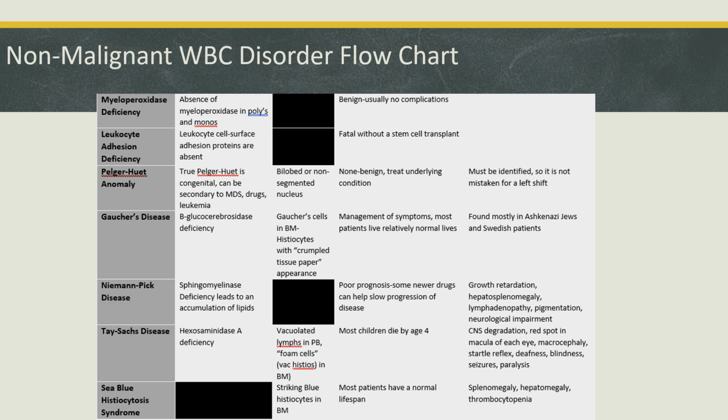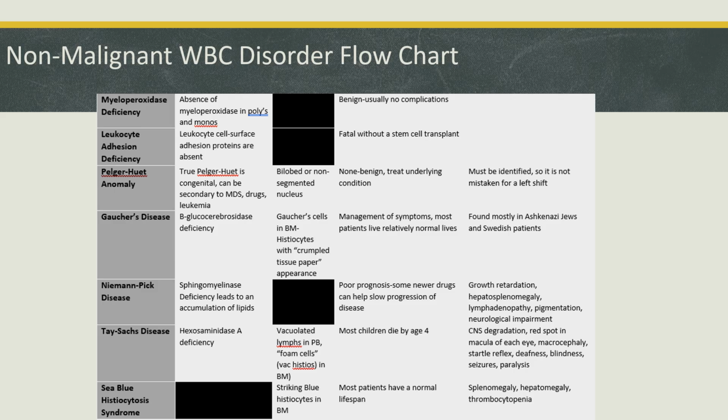Most of these patients or children die by the age of 4, and again, some central nervous system degradation, red spot in the macula of each eye, macrocephaly, lack of startle reflex, deafness, blindness, seizures, and potential paralysis. So it's really an unfortunate thing.